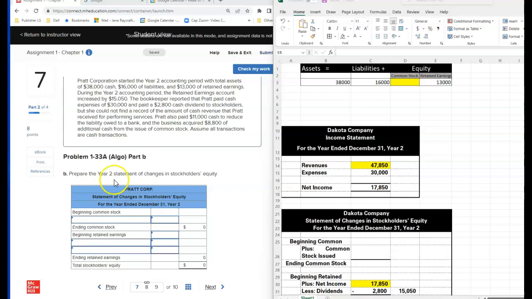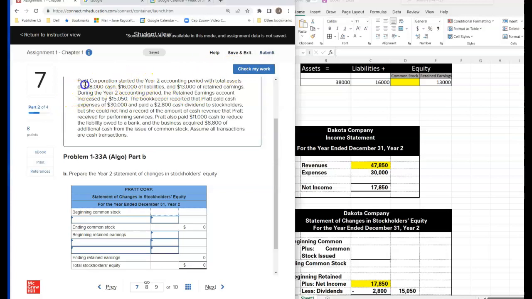Okay, for this second part of the question, we need to look at our statement of changes in stockholders' equity. But first, I'm going to go to our accounting equation because we need to find out our beginning common stock. And this dorky bookkeeper knew there were $38,000 in assets.